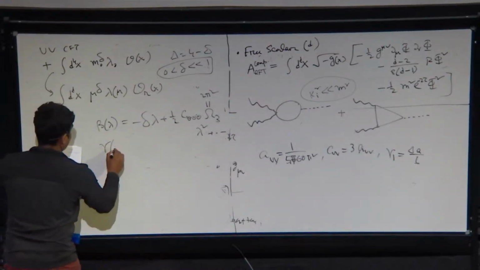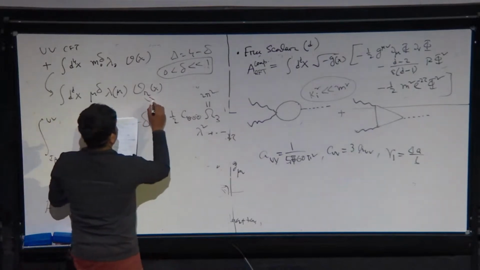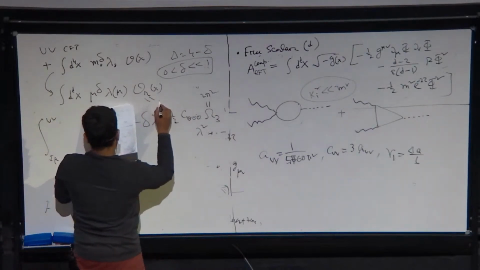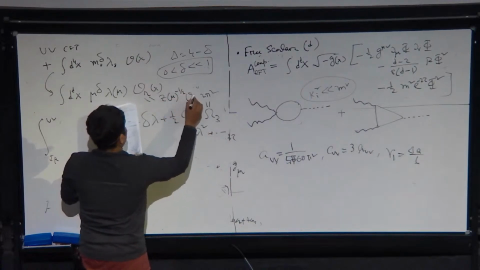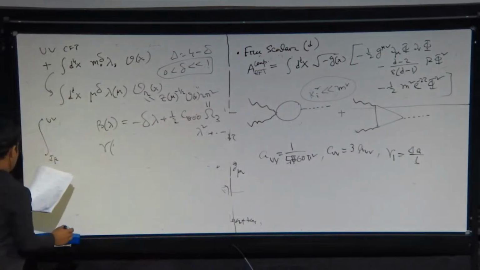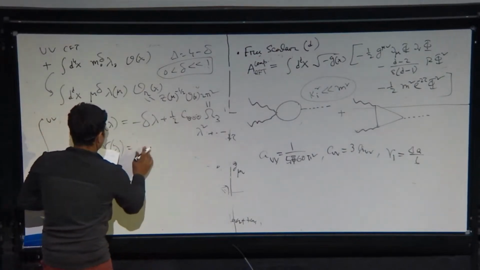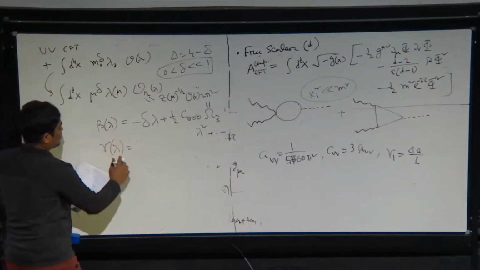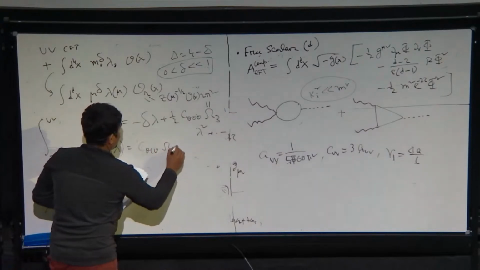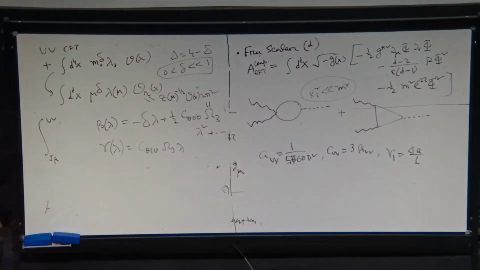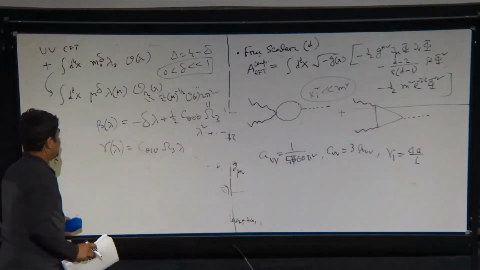One can also compute the anomalous dimension, starting with the wave function renormalization of this operator, which turns out to be just the derivative of the beta function with respect to the coupling lambda. Then the goal is obviously to find the change of the C anomaly coefficient.